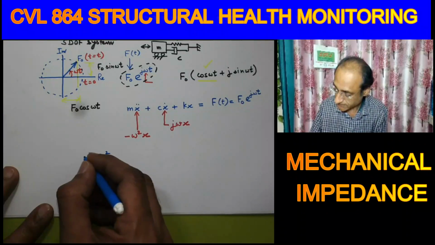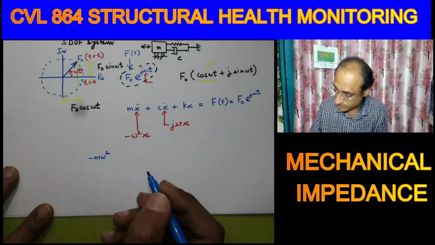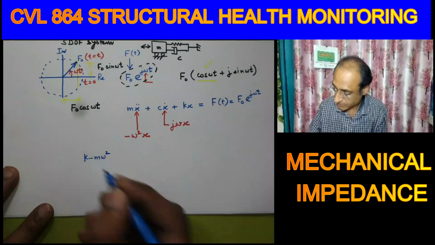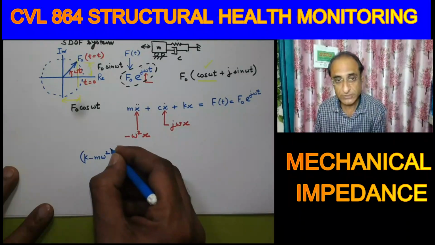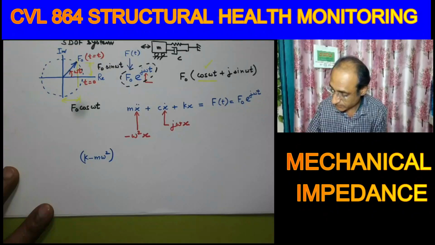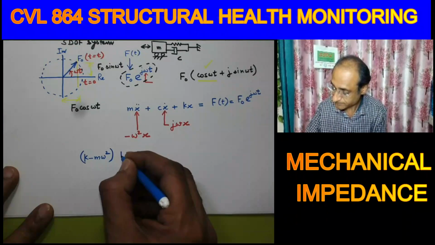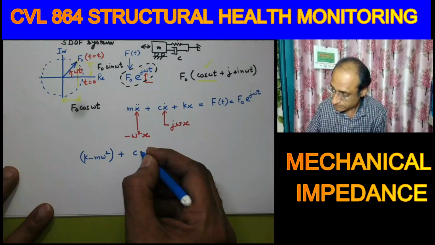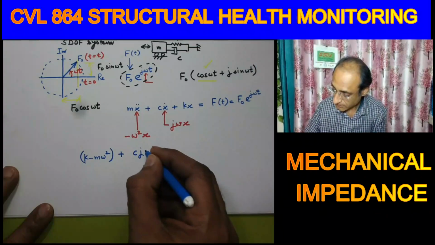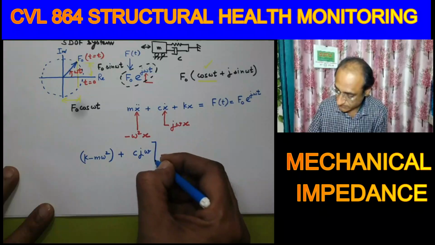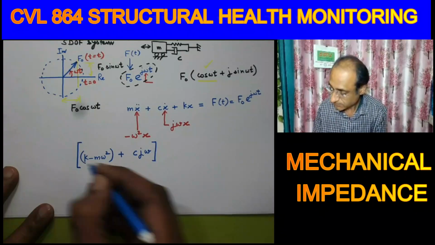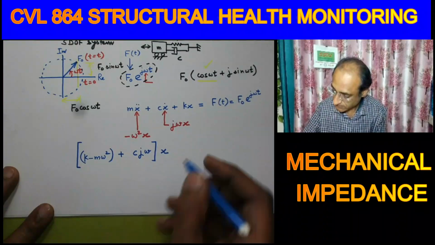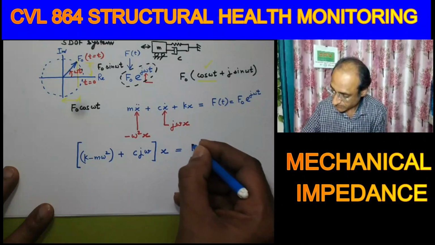So k and m omega square form one component together, and then we have the imaginary component formed by the damping, and outside we can keep x, and we have the force F0 e to the power j omega t.